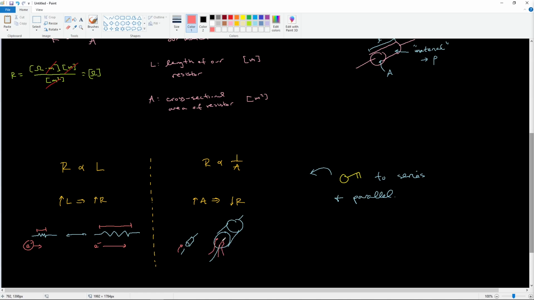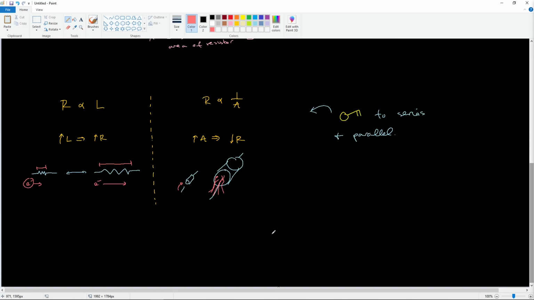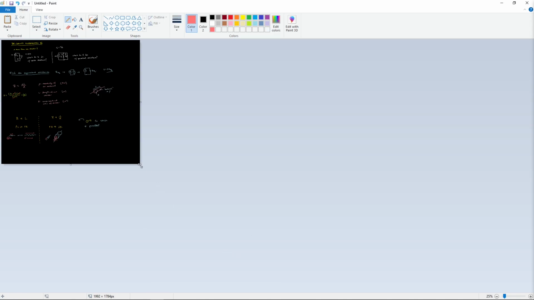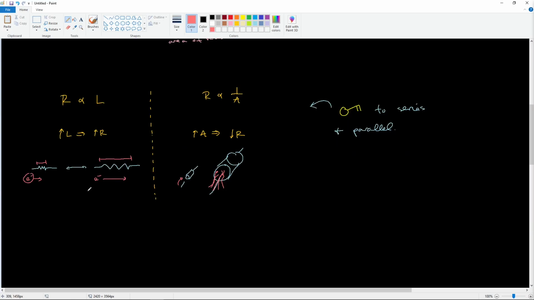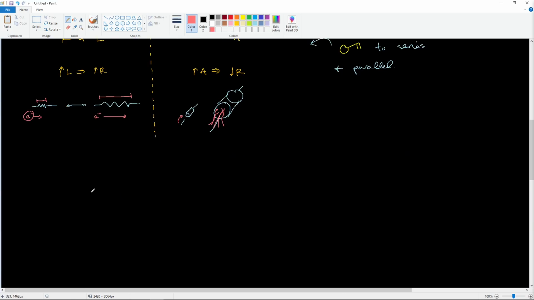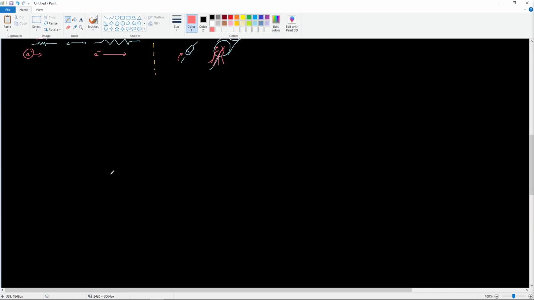More electrons can fly through at any moment, right? And so in this case, we want to think about what happens when we're setting up these. Actually, I'm going to need to increase the size of this. So we need to see what happens when we start placing them in series and when they're placing them in parallel. So let's start with series first.